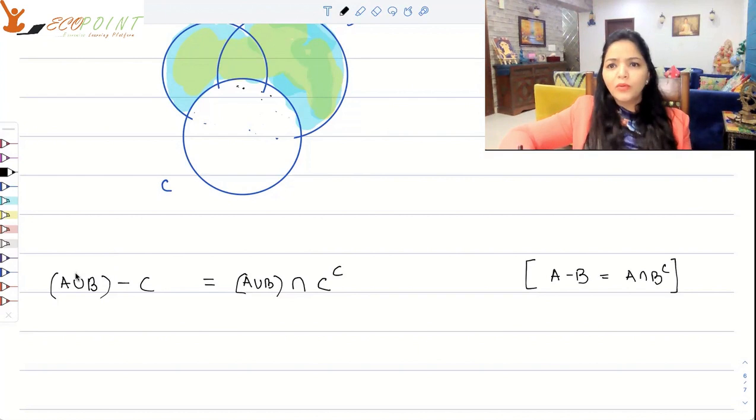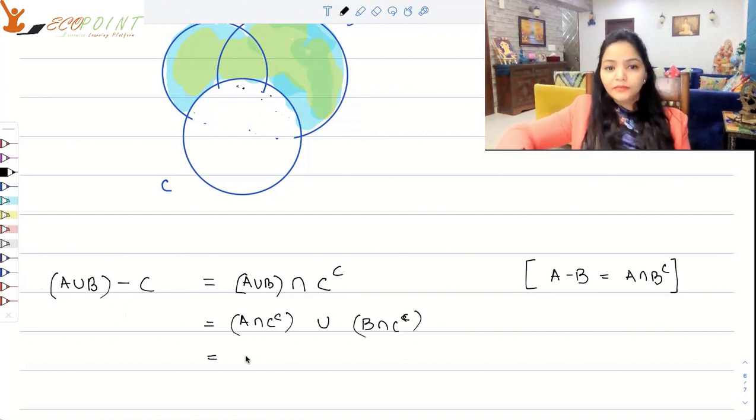Now, what do I know about union and intersection? They follow the distributive law. So this must be equal to A intersection C complement union B intersection C complement, using the distributive law of intersection and union. So what do we have here?